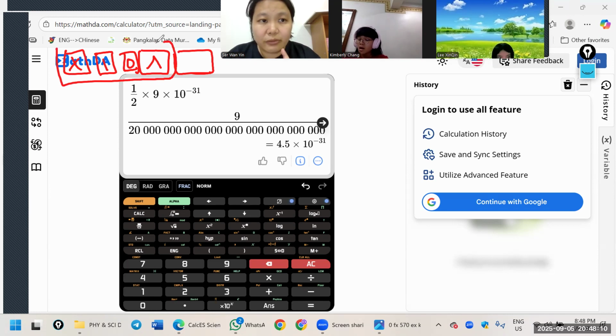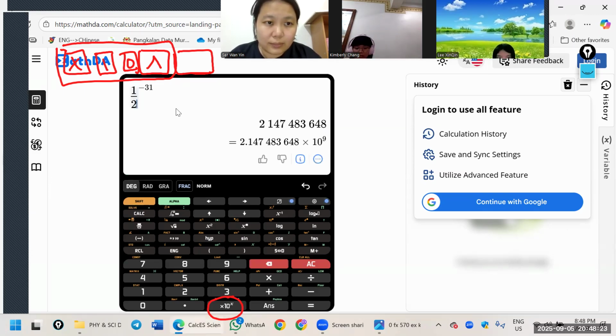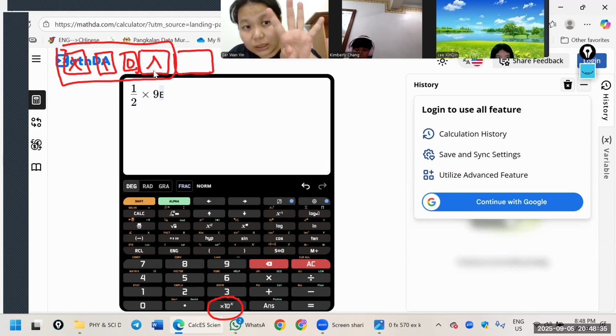Now you simplify this 4 button into this button beside answer. It means you no need to press power 0, 1 times. Times 9, you press this once only. This E exponent means the 4 button already. You no need to press.